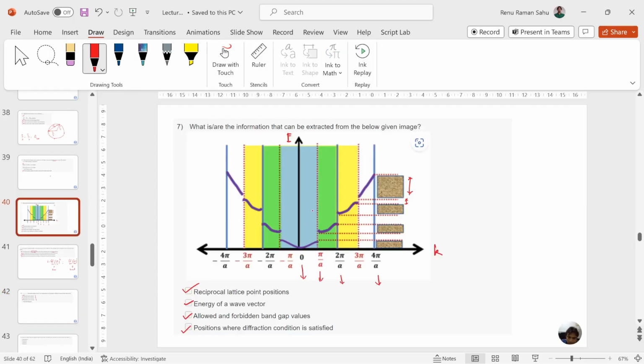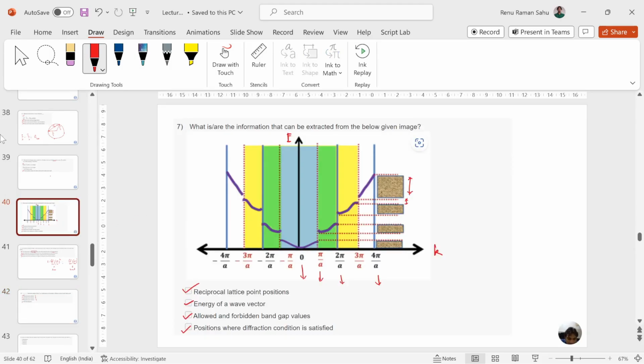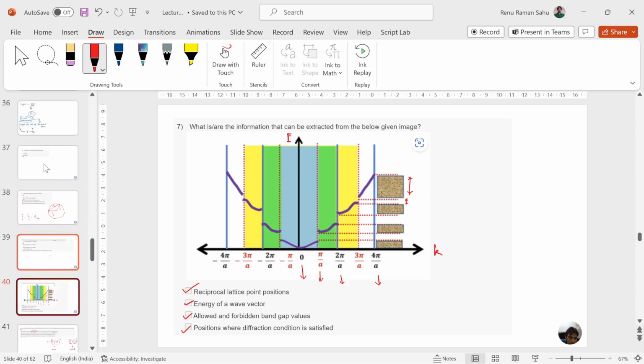So, for example, see here. This is a flat band scheme. Here you don't have what is the energy, what is the x-axis, you don't know. So that is not there. So this is not the flat band. In flat band scheme, you don't have the idea about what your k values are.